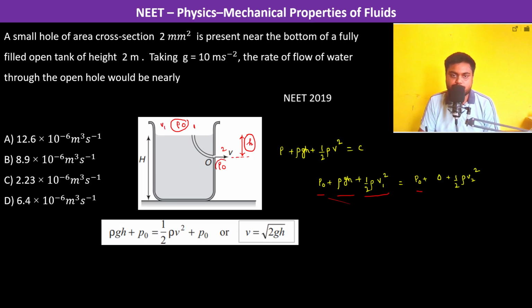Here the pressure is P naught, atmospheric pressure, at a height h, with velocity v1. At point 2 the pressure is again atmospheric, the height is 0, and v2 is the velocity with which the water comes out.